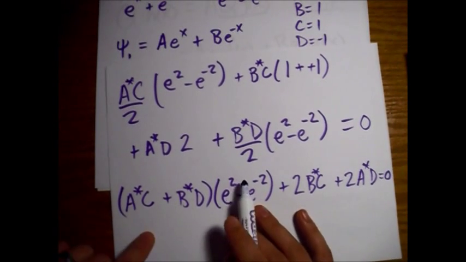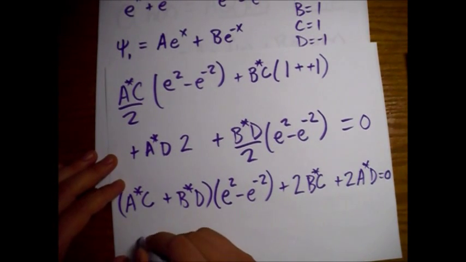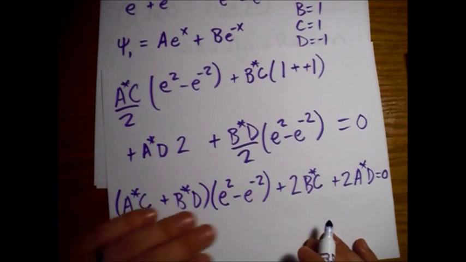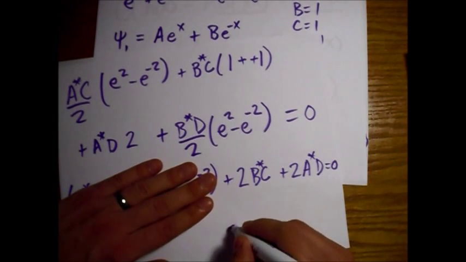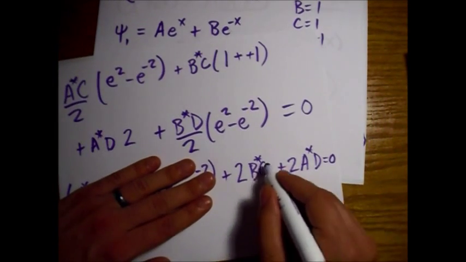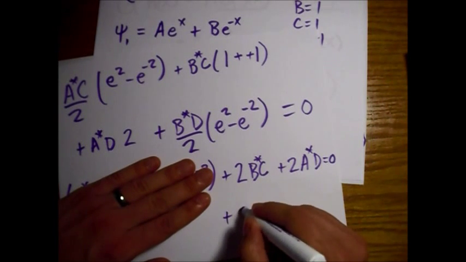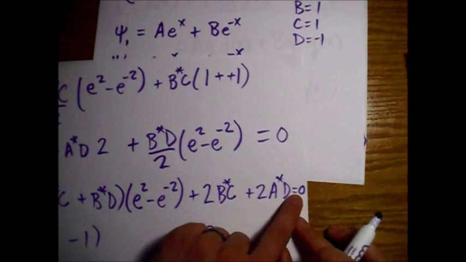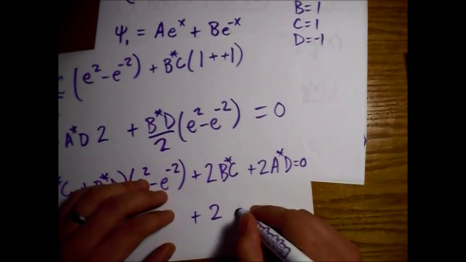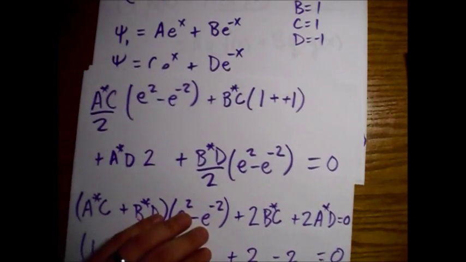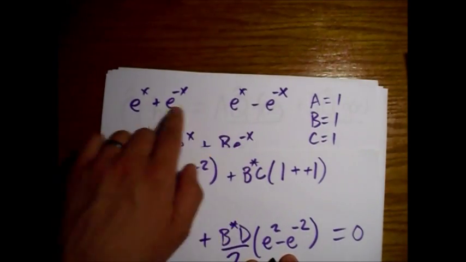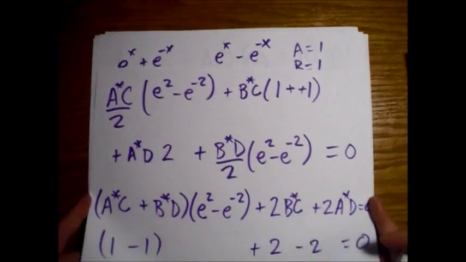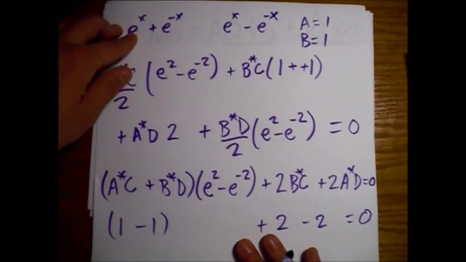So AC, this is a 1 minus 1. That gives 0, so this whole term is 0. And this is B and C, that's a plus 1, so we have a 2 here. And then A times D, that's a minus 1, so we have a minus 2. So we do see that our original quick response here is a solution to this.